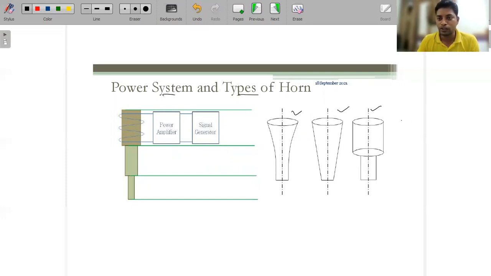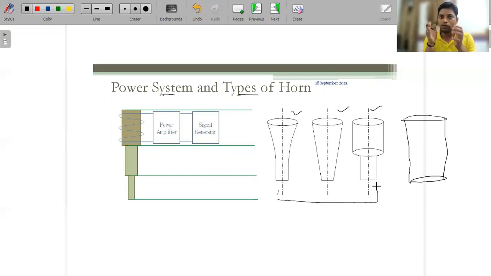You can ask one more question here: why are we not using a prismatic bar? You can use it, but the different types of horn mentioned in the books are based on what they have already measured. That's why they have given some specific shapes.